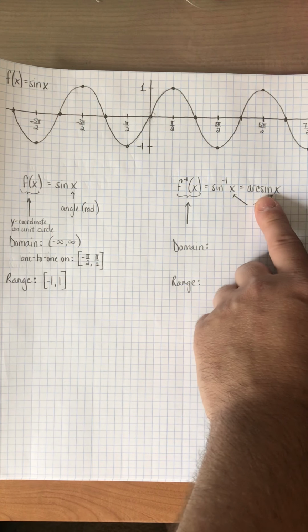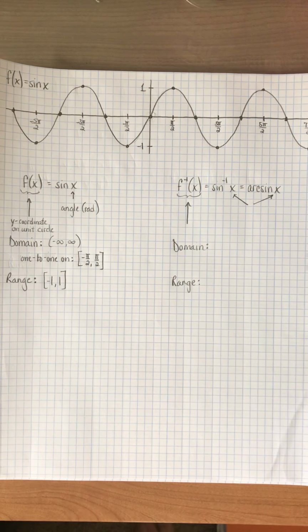There is another option, arcsine. I prefer the arc notation, the arc functions for referring to the inverse trig functions, because they don't have that confusion with reciprocation. There is nothing else that has an arc in front of it like that.